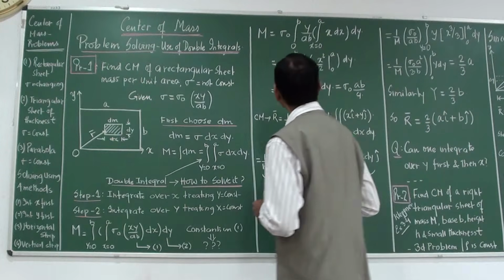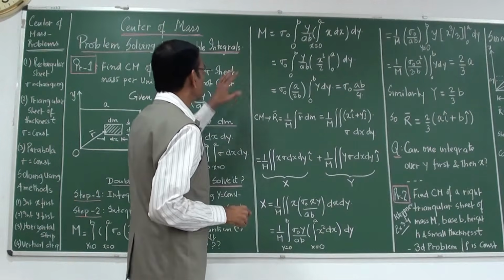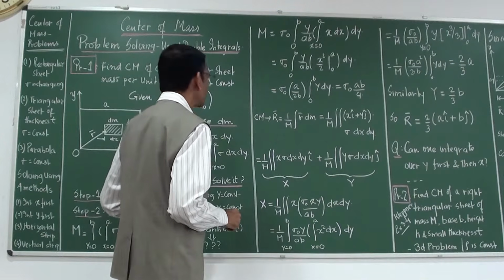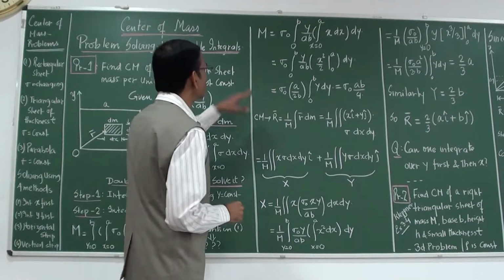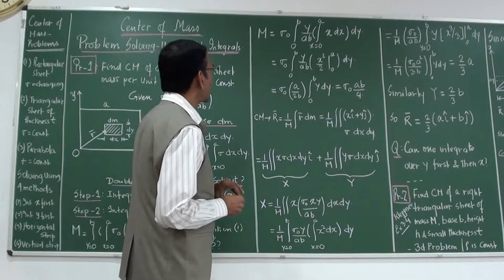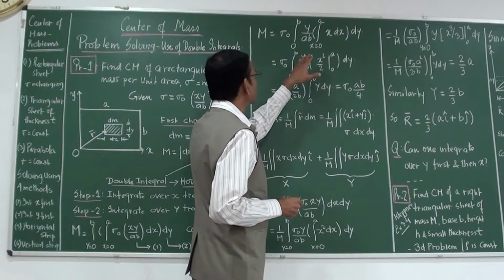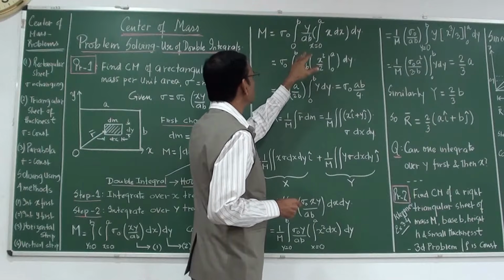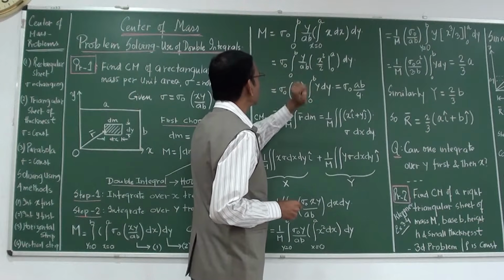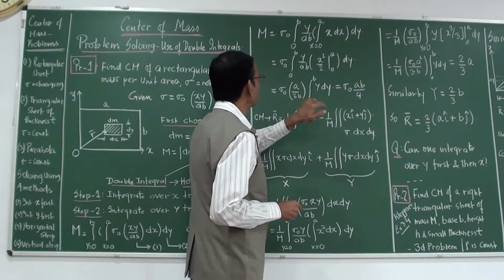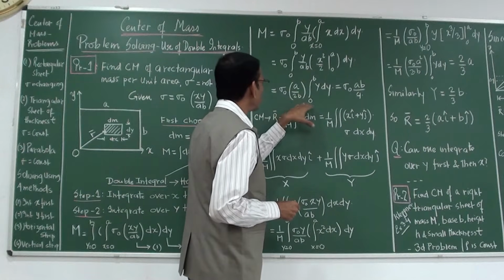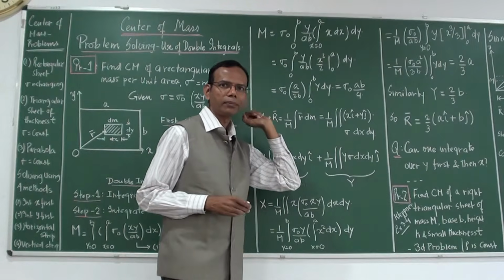Okay. So let us see. We have just written like this, and now you integrate x, that is x varying from 0 to a. You integrate that, x square by 2. You put the limits, dy. Then you integrate y dy.